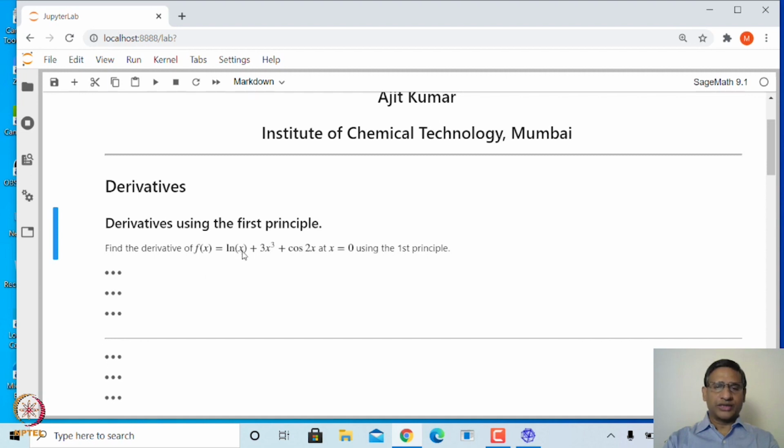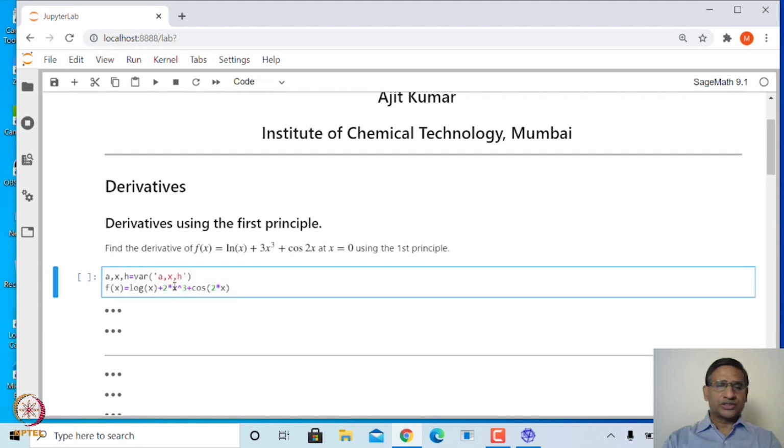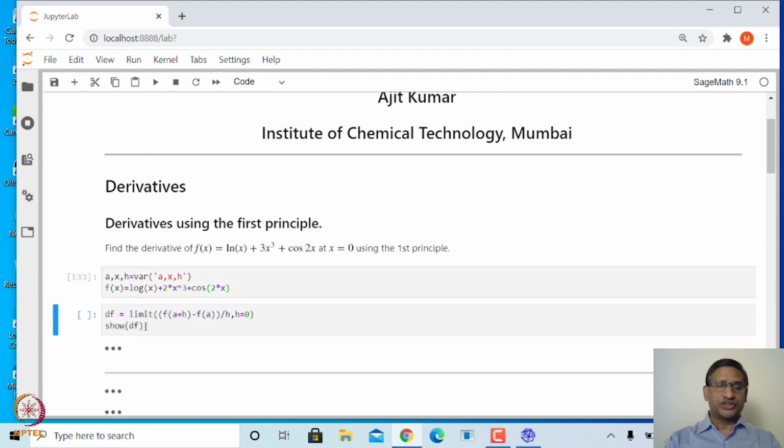Since we have already explored how to find the limit, we can make use of that. So, let us see. First, let us define a, x and h as variables and declare the function f(x) equal to log x plus 2x cube plus cos 2x, and we want to find the derivative of this function at x equal to a, which is 0.